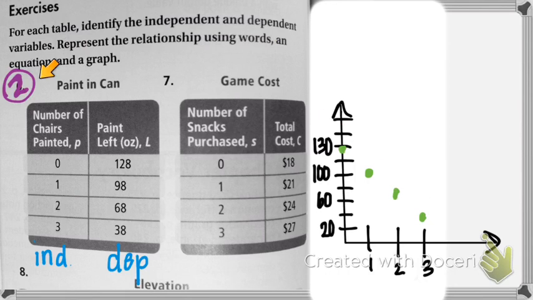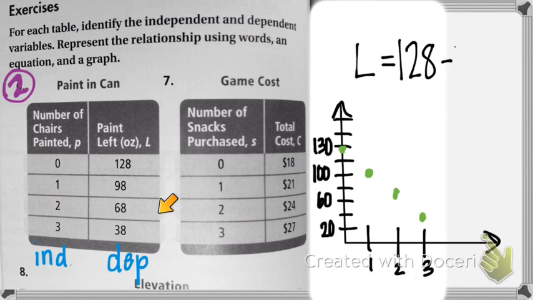Then I need to write an equation. So I'm going to say that the paint I have left is equal to the paint I started with minus the number of chairs I painted times the amount of paint I use each time.